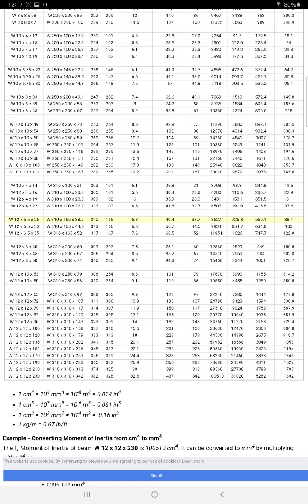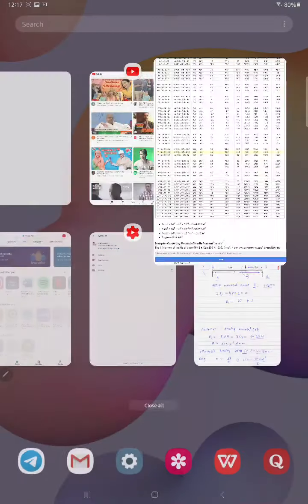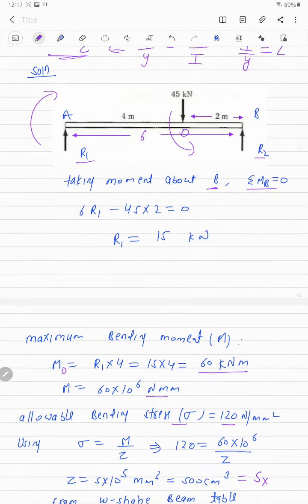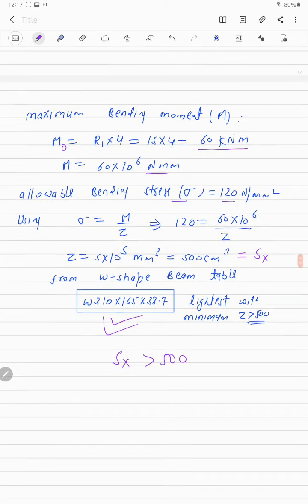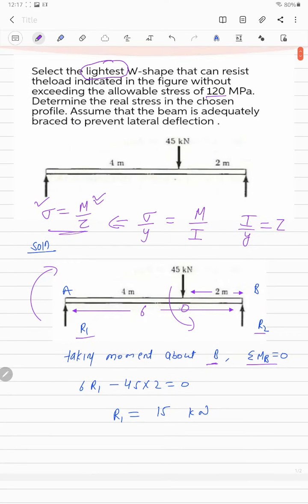On the left-hand side it is given in imperial units. Since our question is in metric units, we will write the answer as W310. So our beam will be W310 165 38.7.